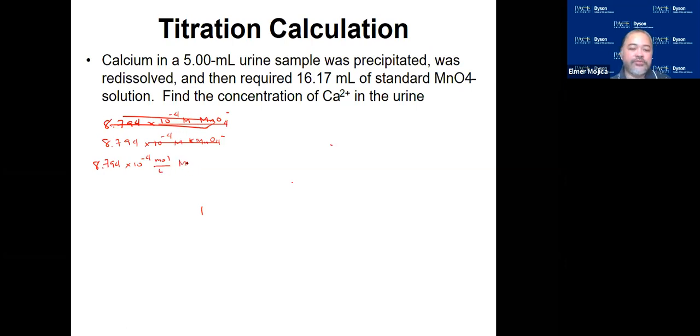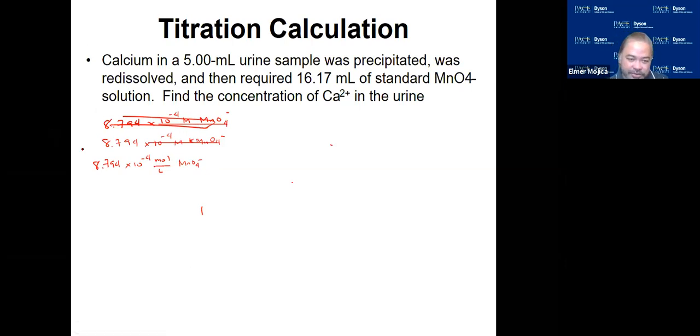Where will I use this one? Anyone? So what's the next calculation that I have here if I want to determine the amount of calcium in the urine? So you have this concentration.